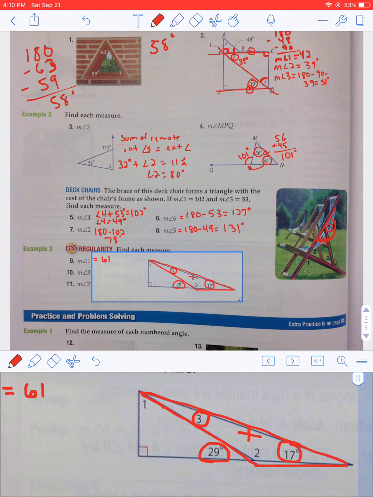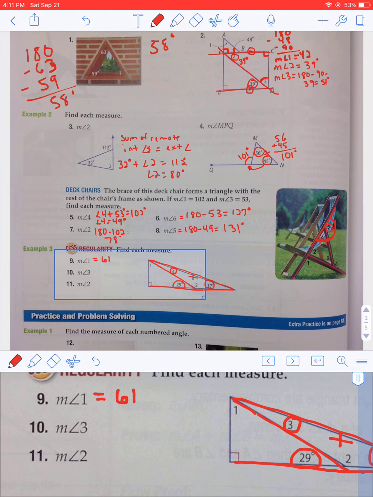And you're like, whoa, that's an exterior angle. Yes, it is, because here's your big triangle I outlined already, and if you extend one of the sides, that becomes an exterior angle of this triangle. So it's really easy to see that the answer for angle 3 is 12, because 12 plus 17 equals 29. So our answer for angle 3 is going to be 12 degrees.